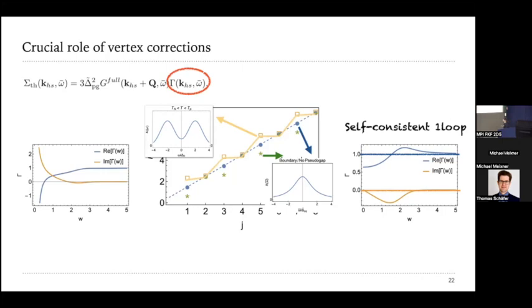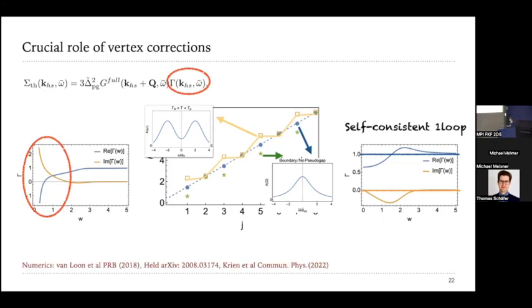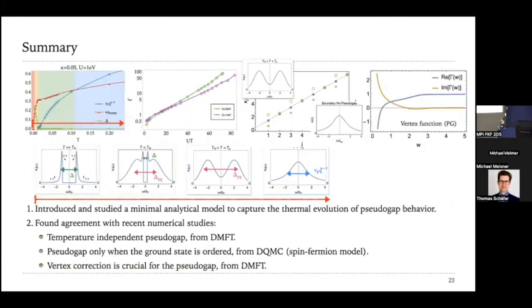However, for the cases with pseudogap, we find that at low frequency, the imaginary part of the vertex function becomes important and diverges. And we think this feature is important to understand the pseudogap and to also demonstrate the crucial role of the vertex corrections. And it is also consistent with recent numerical studies using DMFT.